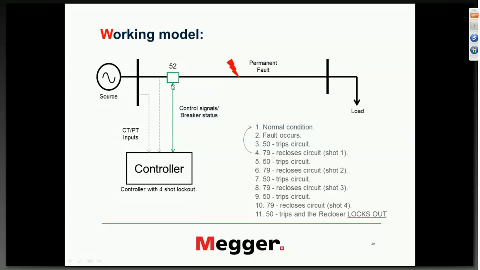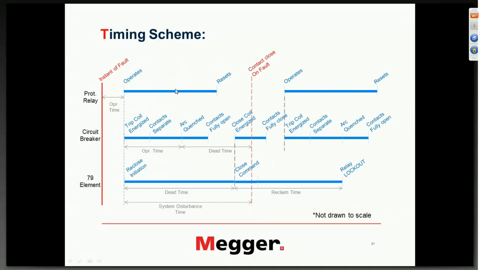After the circuit breaker opens, the 79 function is initiated by the trip signal that is sent by the controller in the beginning, and then the 79 function will have its own time delay. It's called 79 OI1, open interval 1, and that 79 function inside the controller will issue a reclose signal to the auxiliary circuit, or the reclose circuit in particular.